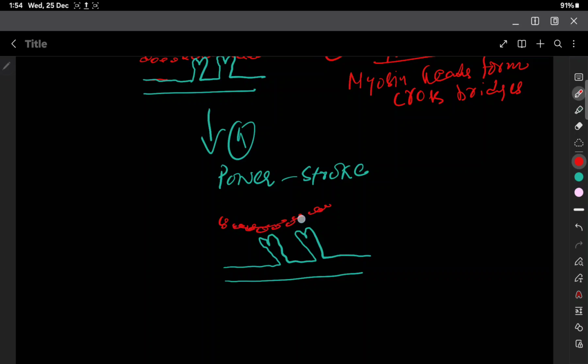These are the actin filaments. So this is actin and these are the myosin heads. Now they are grabbing this actin and pulling it. That's called the power stroke.